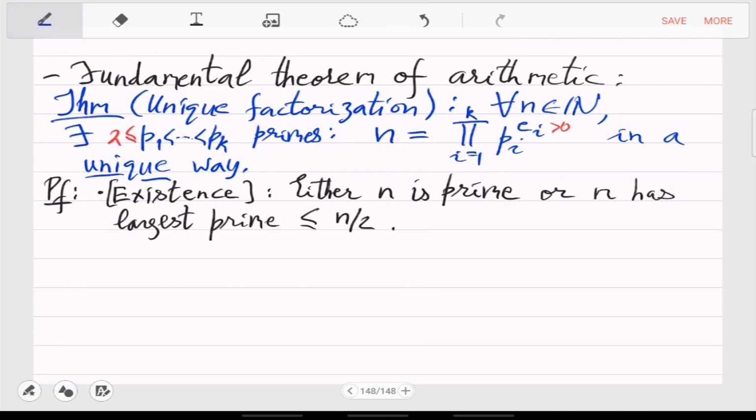So as much as you can divide by Pi, you will get Ei to be 1 or more, and after that you will move to the next prime and so on. So a subset of these primes up to n by 2 will be P1 to Pk, of interest. So that clears up existence. So this gives you n equal to the product of Pi to the Ei.